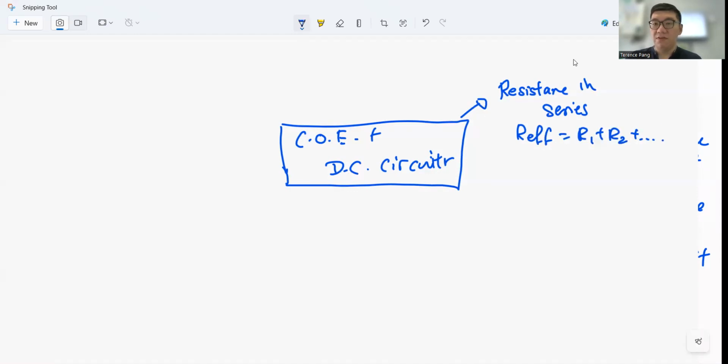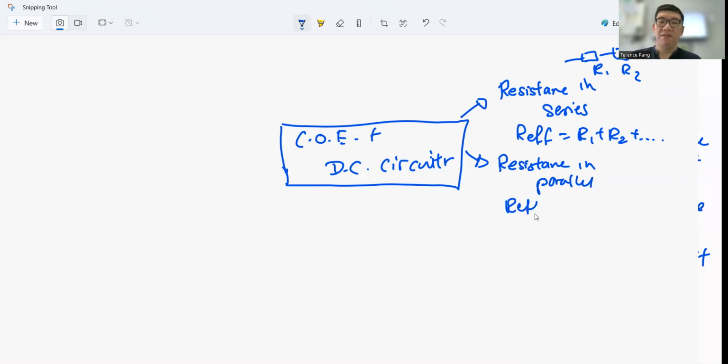That is your total resistance in series. If you want to find the total resistance, that's the formula. Resistance in parallel: R effective is then equal to 1 over R1 plus 1 over R2 plus dot dot dot, inverse everything.